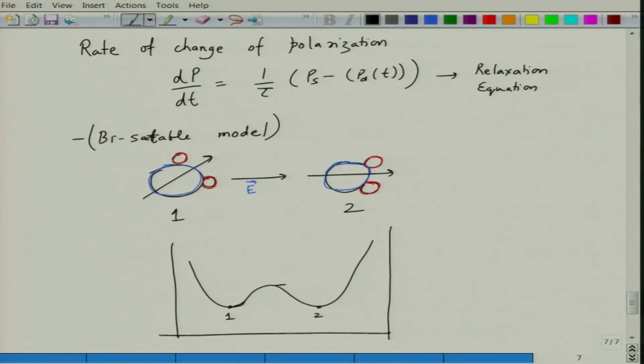So, if you look from this side, the energy barrier will be this EA, and if you look from this side, the energy barrier would be this much, and the distance between the two is equal to, let us say, delta. Okay, this is the distance between the two positions. So, this is position 1 corresponding to that, position 2 corresponding to this.